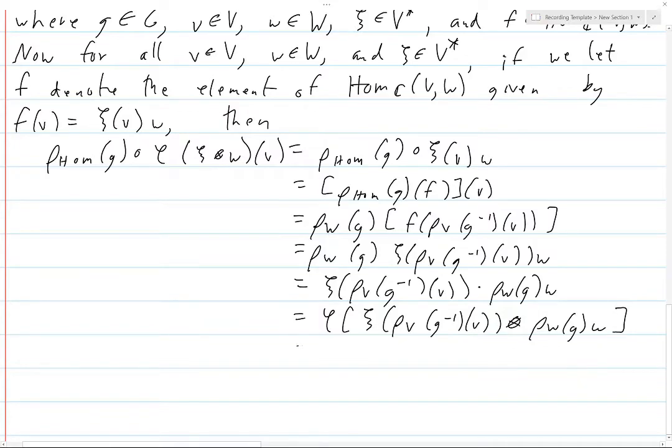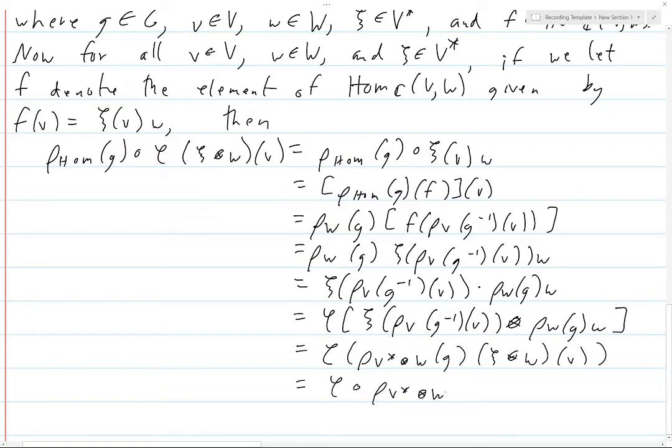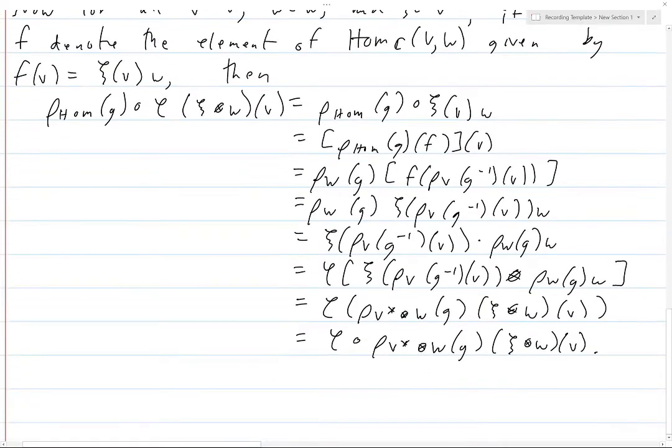So this is phi of rho V star tensor W of G of xi tensor W of V. But this is phi of rho V star tensor W, just rewriting it, of G of xi tensor W of V. I mean, I didn't have to write this last step here, but this makes it really obvious that this is intertwining.